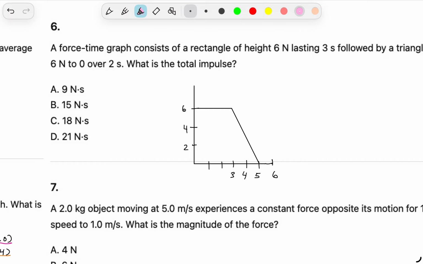Impulse is equal to the area under the F-t graph.